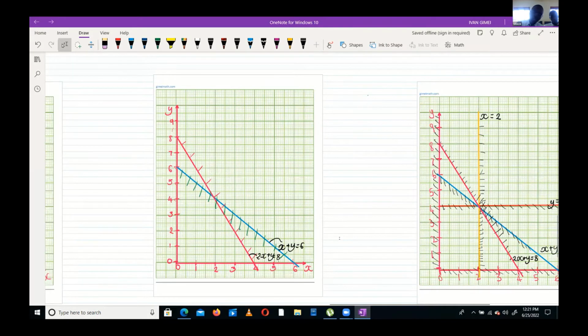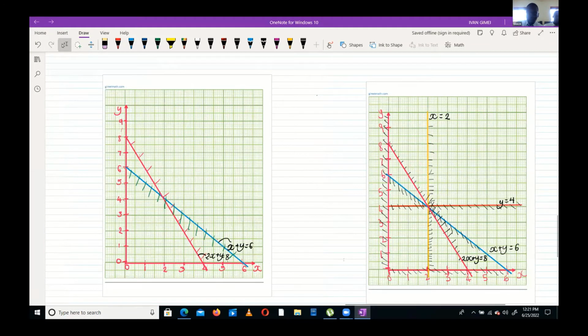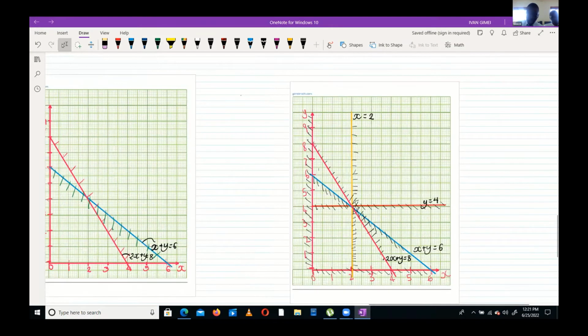Now anything that's not in the shaded region at the end, after doing that with all your other lines, you come up with one region that's not shaded. That's the feasible region. Let's highlight that as this yellow region here on the graph.